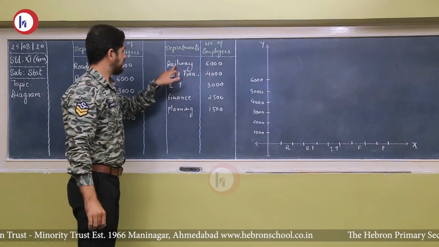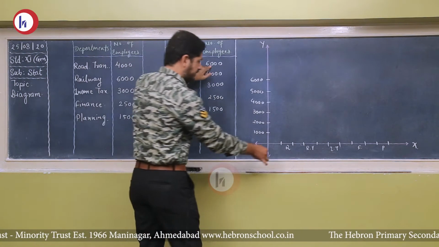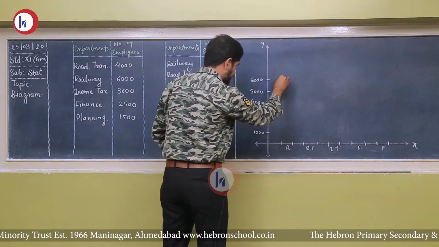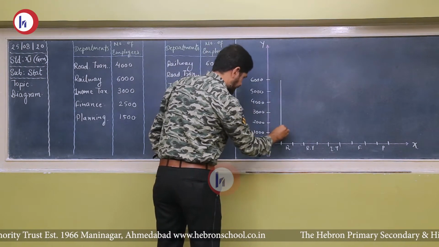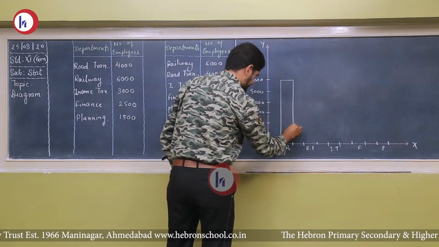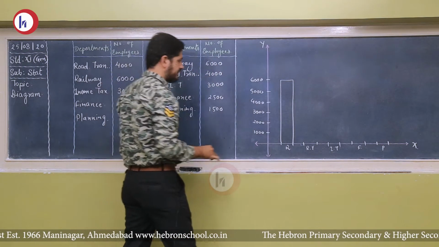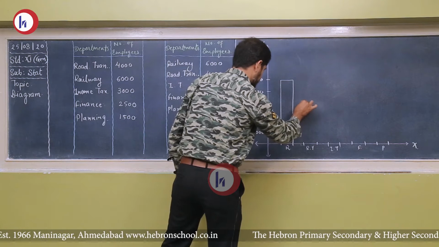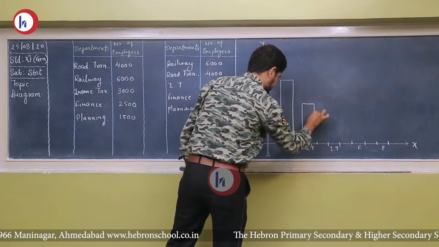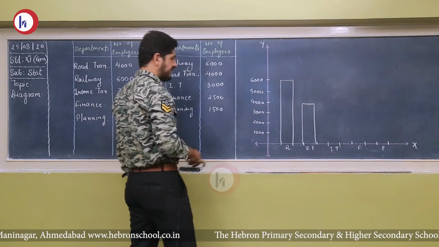Now students, you can see in railway there are 6,000 employees. Second one, road transport, there are 4,000. Third one, the income tax department, there are 3,000.